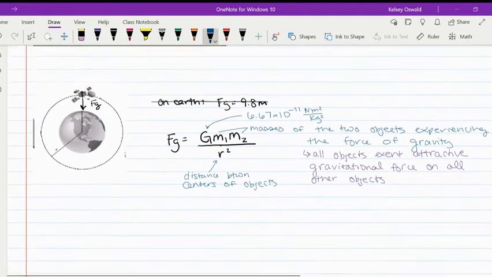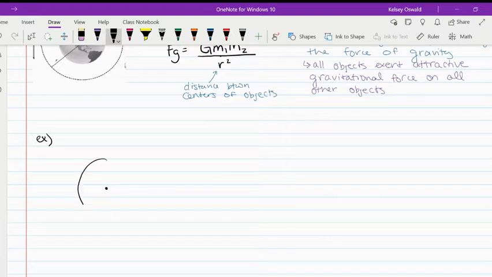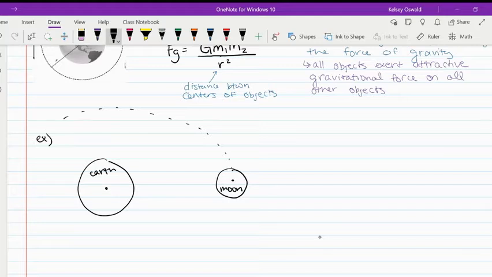All right, so let's go ahead and look at an example. Let's say we were looking at the Earth and the moon, which we know orbits the Earth in a close to circular orbit.